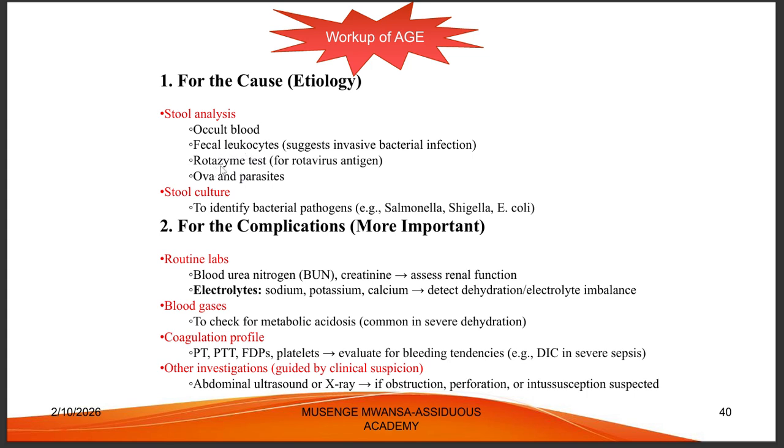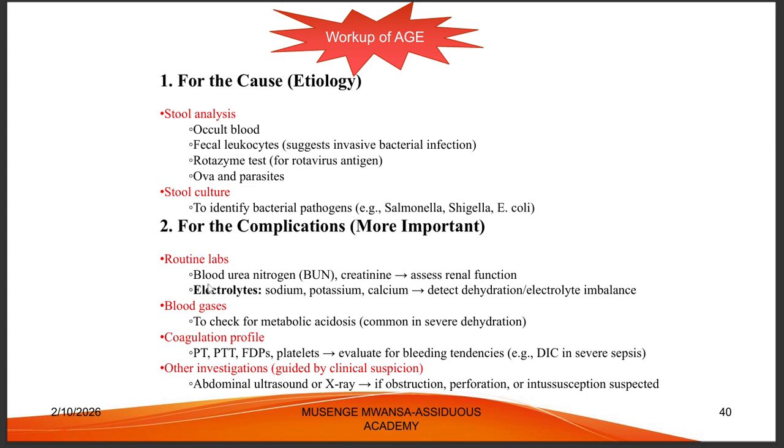Rotazyme test is basically for the rotavirus antigen, which is a protein of the rotavirus. Even ova and parasites, in case you can see them in the stool. Stool culture can also be done for bacterial pathogens like Salmonella, Shigella, E. coli.